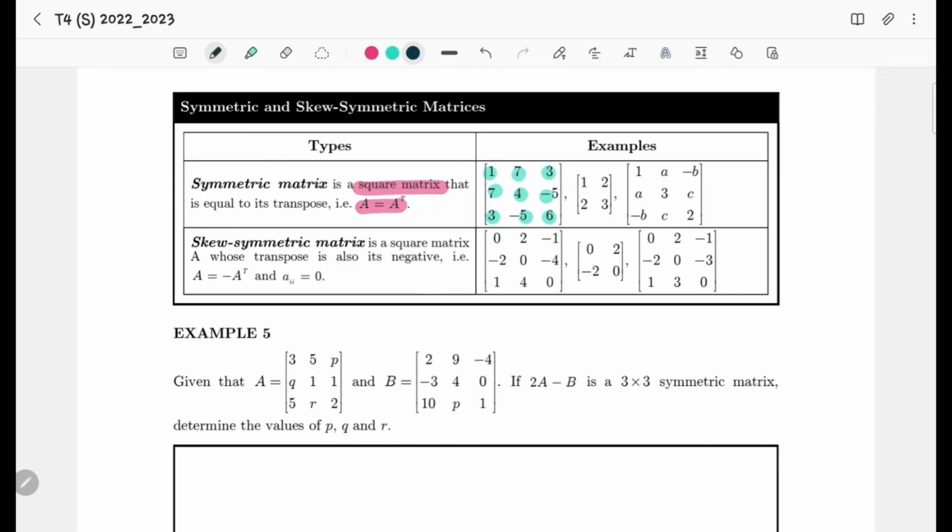The second one, a skew symmetric matrix, is a square matrix A whose transpose is also its negative. So A equals negative A transpose. If you take this for example, 0, 2, negative 2, 0, transpose it and multiply by negative, you'll get the same thing.